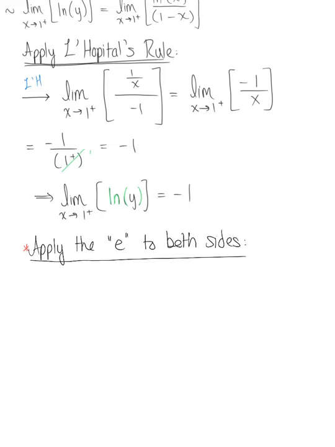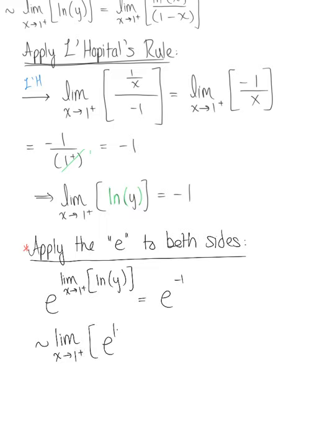So I have the natural exponential raised to the limit as x approaches 1 from the right of the natural log of y, which is equal to the natural exponential raised to the minus 1. On the left-hand side, we can even pull that limit to the outside or pull this exponential in. So this is equivalent to the limit as x is approaching 1 from the right of the natural exponential raised to the natural log of y, equals e to the minus 1.